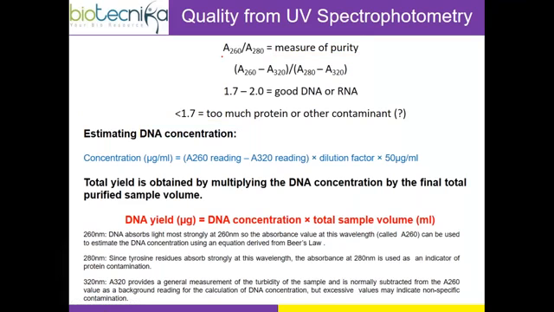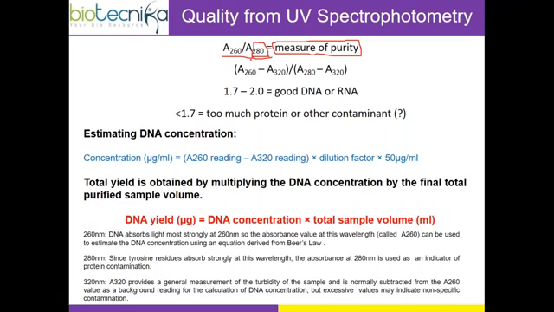This is the formula to check the purity of the sample. Purity means I want only DNA. I want to check whether there is any protein or not. I can check the presence of protein only at the absorption at 280, because protein absorbs maximum at 280. Is it clear or not?